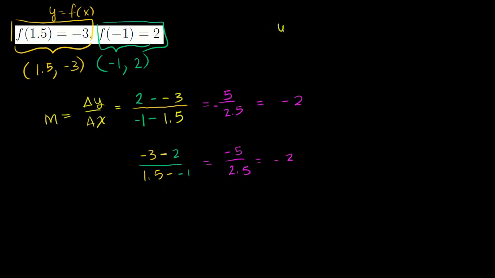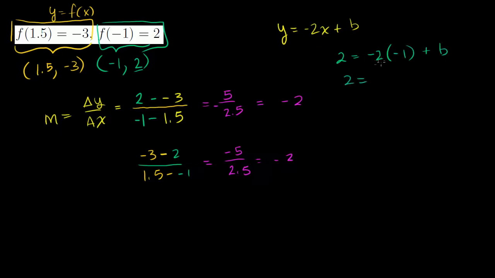Now we know that the equation is y is equal to negative 2x plus some y-intercept. Let's use one of these coordinates. I'll use this one since it doesn't have a decimal in it. So y is equal to 2 when x is equal to negative 1, and of course you have your plus b.